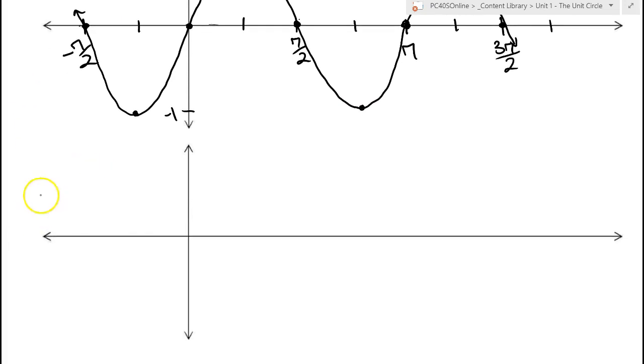Okay. Conversely, for y equals cosine half x, my period would be 2 pi divided by half, which would be 4 pi.